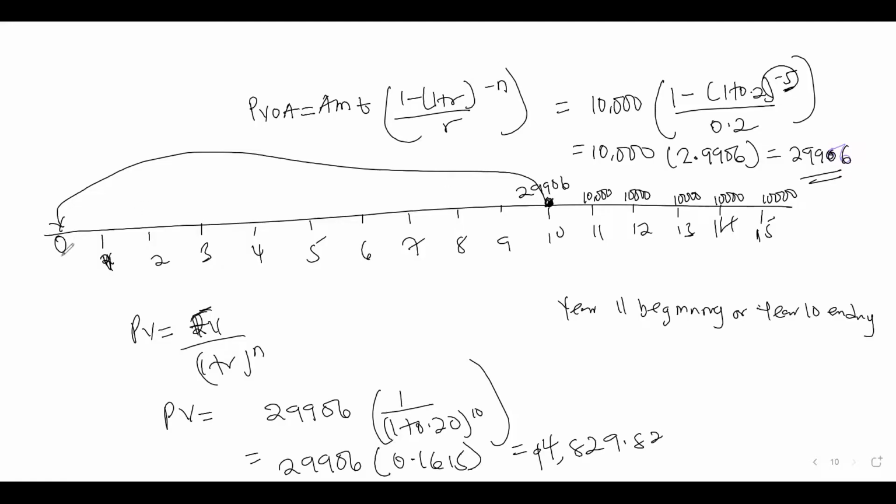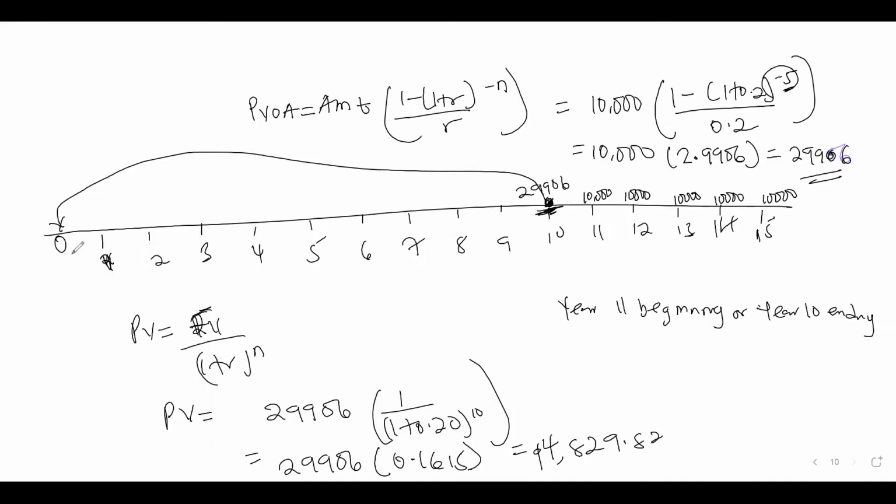It would have brought you to the beginning of year 11, because the payments were from year 11 ending to year 15 ending. Once you discount those annuities, it will bring you to year 11 beginning, which is technically like year 10 ending. So the 29906 is the money asset here.